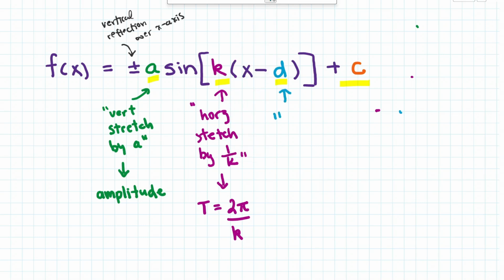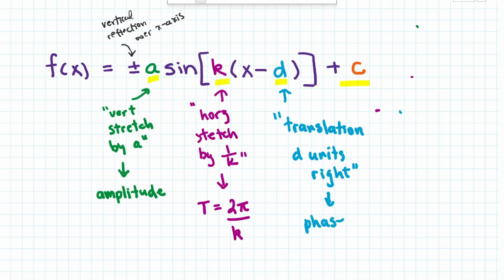Traditionally, this d value is a translation d units to the right. So when we have x minus d, that means we're going towards the right. And in terms of trigonometry, it's very similar. But instead of simply calling it a translation, we call this a phase shift. So that is the new terminology there.